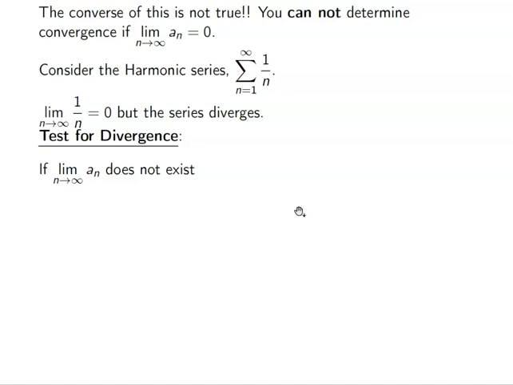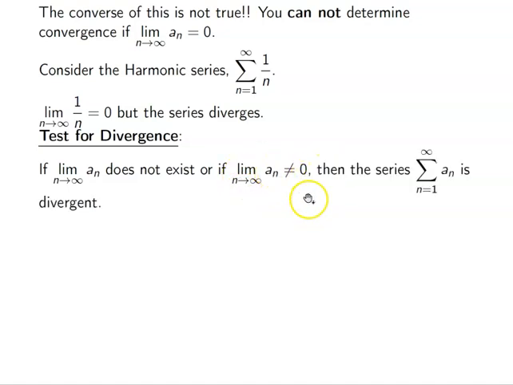Test for divergence. If the limit of the terms as n goes to infinity does not exist, or if it doesn't go to 0, then the series is divergent. Does not exist means that it would have to go to infinity or negative infinity, or not 0.